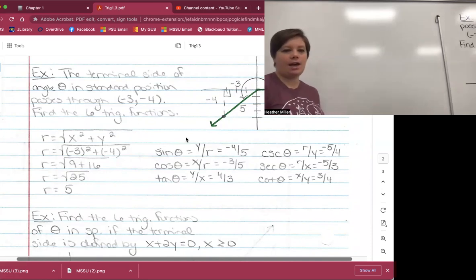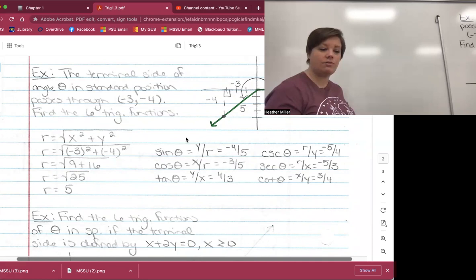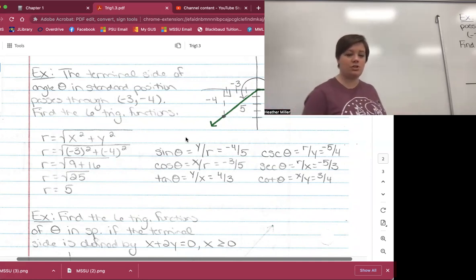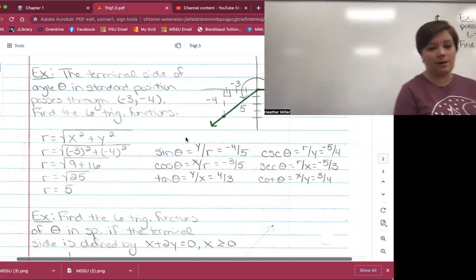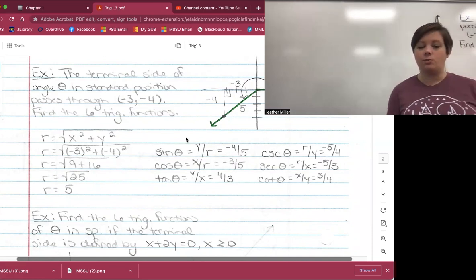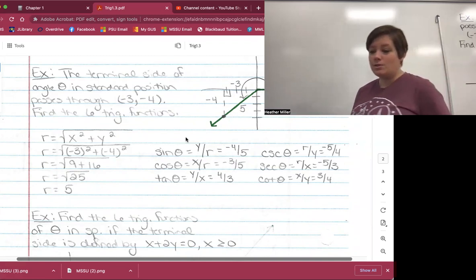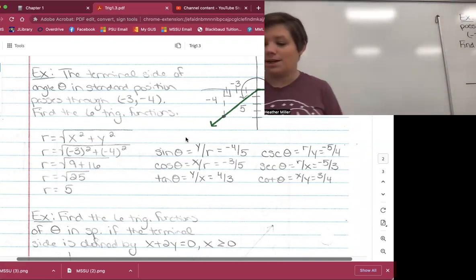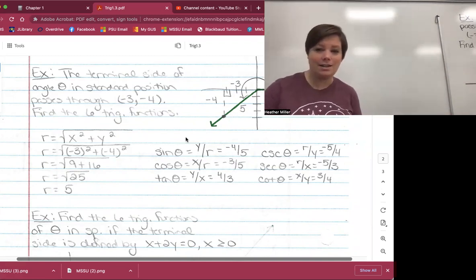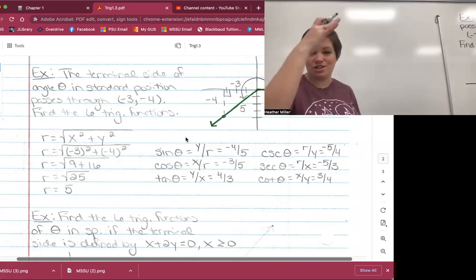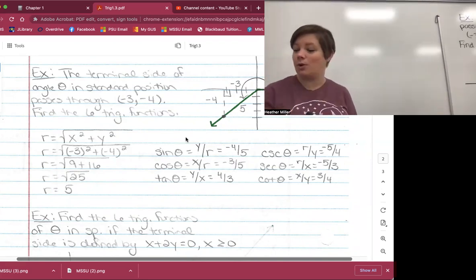It says find the 6 trig functions of theta in standard position if the terminal side is defined by x plus 2y equals 0, where x is greater than or equal to 0. So that's a different situation because we have a line given to us as a definition of our terminal side instead of a point.